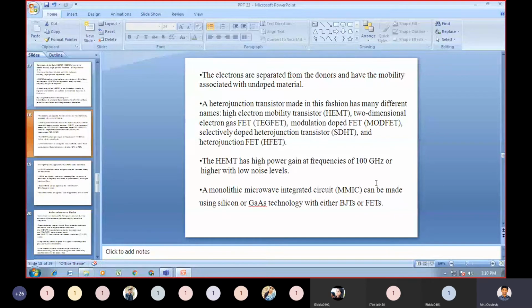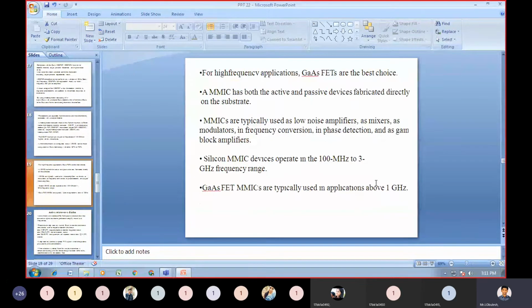A monolithic microwave integrated circuit, MMIC, can be made using silicon or gallium arsenide technology with either BJTs or FETs. For high frequency applications, gallium arsenide FETs are the best choice. A MMIC has both the active and passive devices fabricated directly on the substrate.